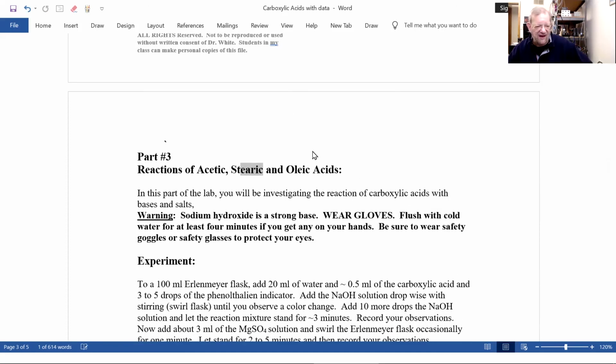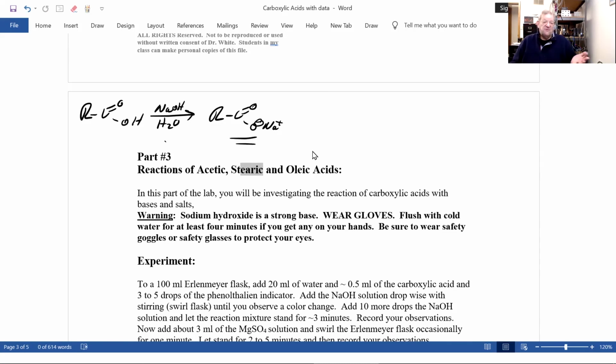Now, for this lab, you're going to take two different carboxylic acids, and each one, you're going to react it with enough sodium hydroxide that phenolphthalein changes color, which tells you you've converted the carboxylic acid to this carboxylate anion. And you'll observe, is it water soluble or not? Or what happens? And also just observe it physically.